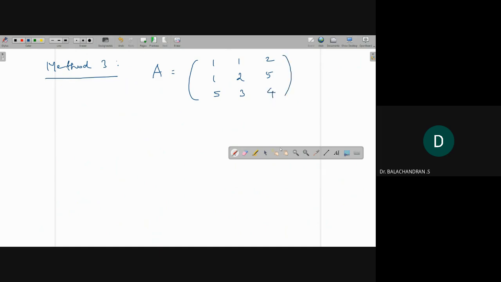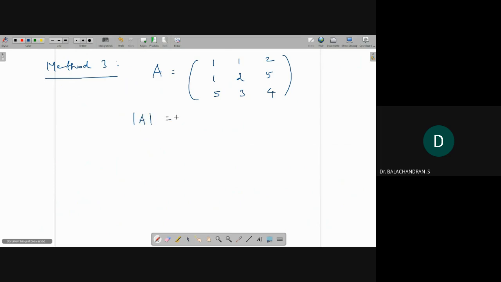Find the determinant. One into 8 minus 15, minus 1 into 4 minus 25, plus 2 into 3 minus 10.